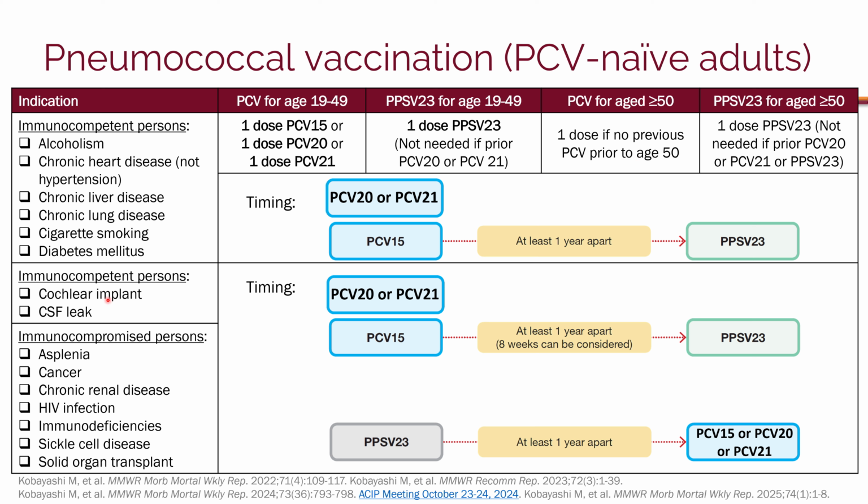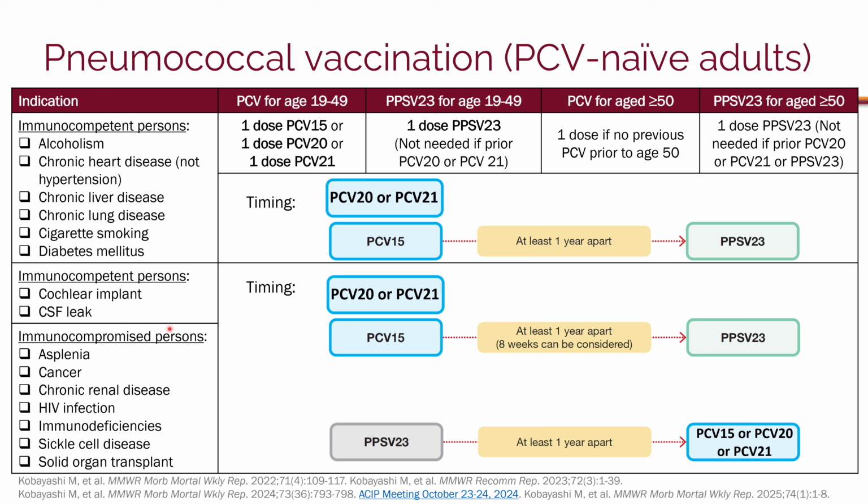For the third group, which is immunocompetent persons but with a super extra high risk, these are patients with CSF leak and cochlear implants. So these are very high risk of getting pneumococcal meningitis. And the fourth group is immunocompromising conditions such as asplenia, cancer, chronic renal disease, HIV infection, immunodeficiency, sickle cell disease, and solid organ transplant.